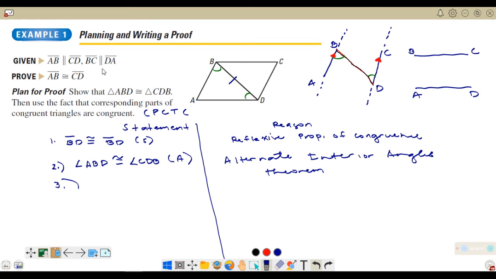From B to D ulit, meron tayong transversal line. Teka, mali ako ng marking. Pero tama yung markings ko dito. Baguhin ko lang yung markings dito. Ito yung congruent, tong dalawa. Dito sa kabila, ang congruent naman ay ito.